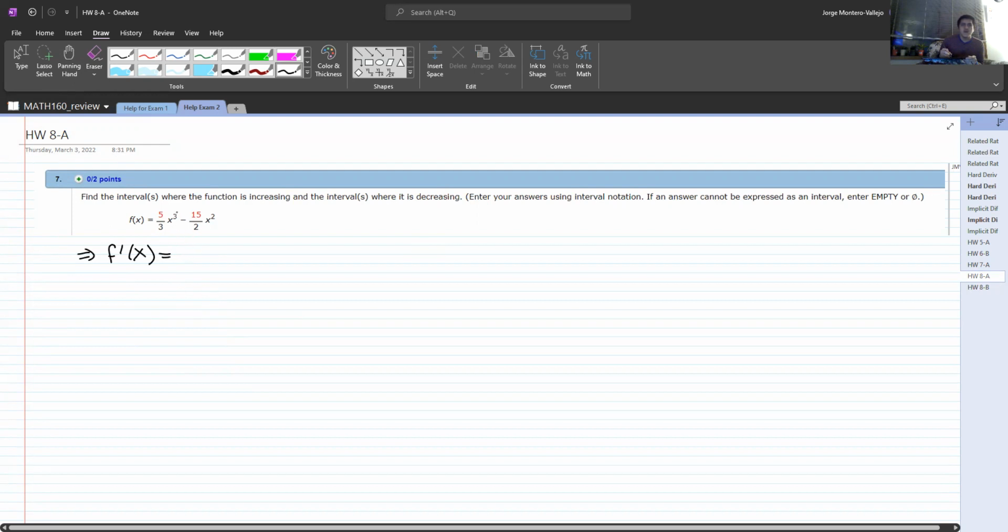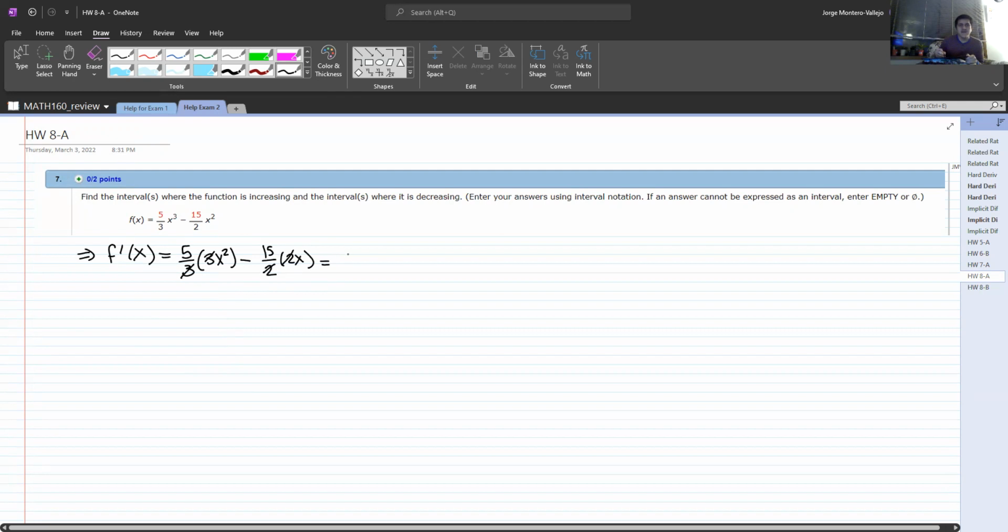5/3, that's just a constant, so you don't touch it. And then the derivative of 3x cubed, that's 3x squared. And then minus, again, that constant, you don't touch it, 15/2. And then you do the derivative of x squared, which is 2x. Right, so you see that the 3's and the 2's cancel each other out very nicely.